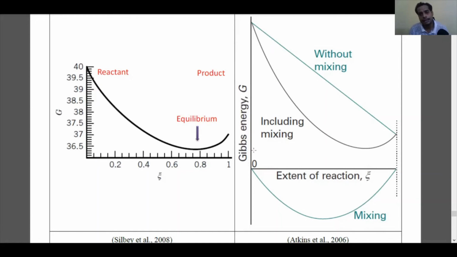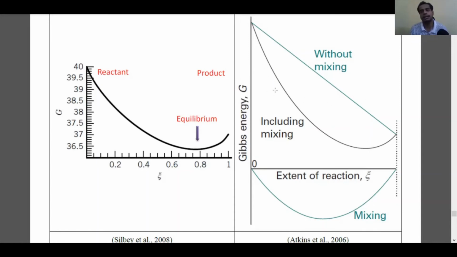At the initial state of the reaction, when the extent of reaction is less, the mixing term is not very heavy. The contribution due to the mixing term is less. But towards the end of reaction, when the extent of reaction is more, the mixing term is more, so it becomes much heavier on the linear curve.